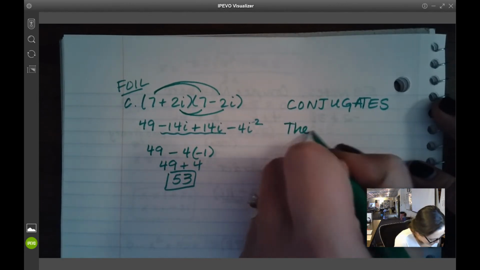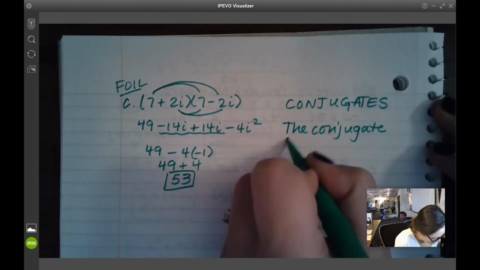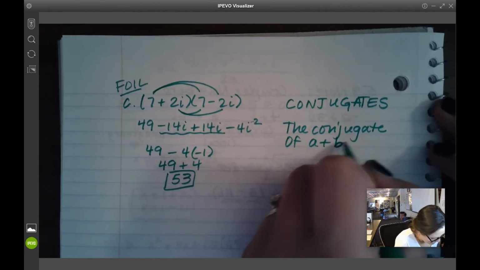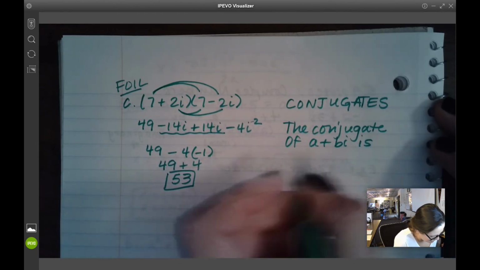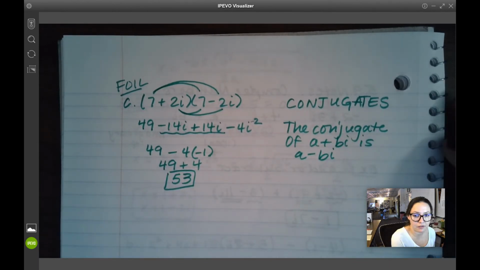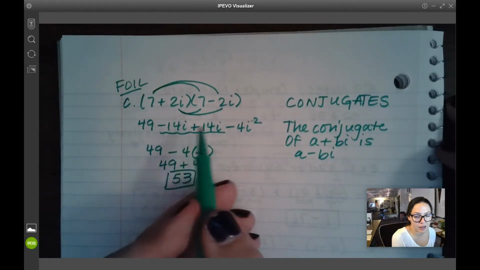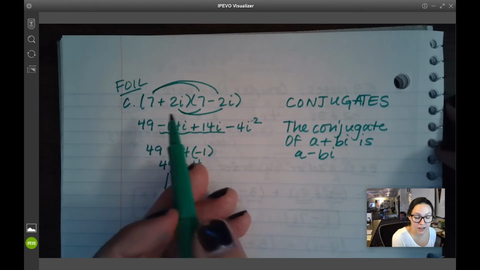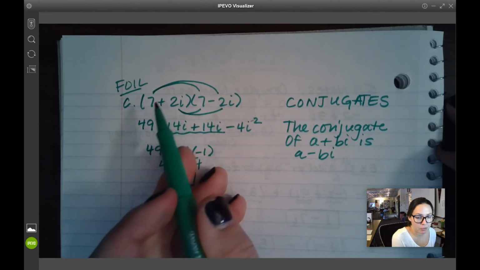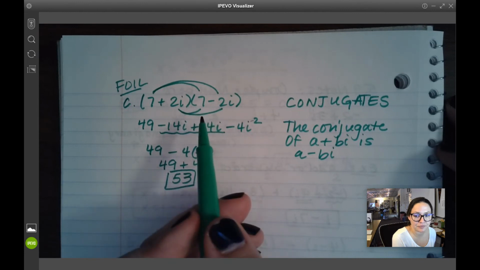The conjugate of a plus bi is a minus bi, and vice versa. So you can see these two complex numbers are identical, except for the fact that one has a plus and the other has a minus.